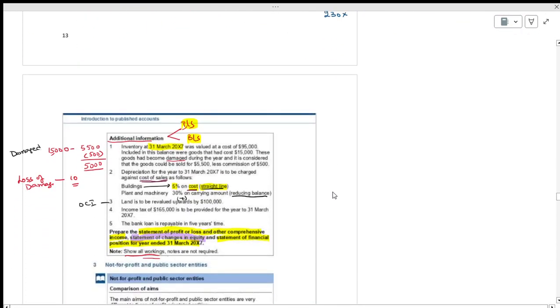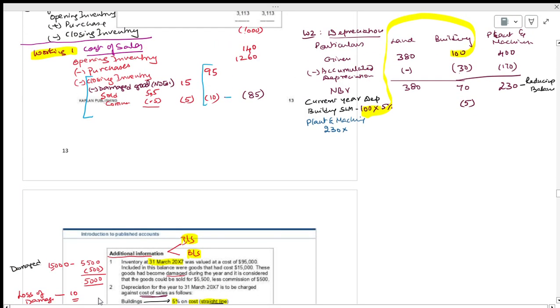What is the percentage they gave? 30%. How much will it come? Again, 230 into 30%. 69.